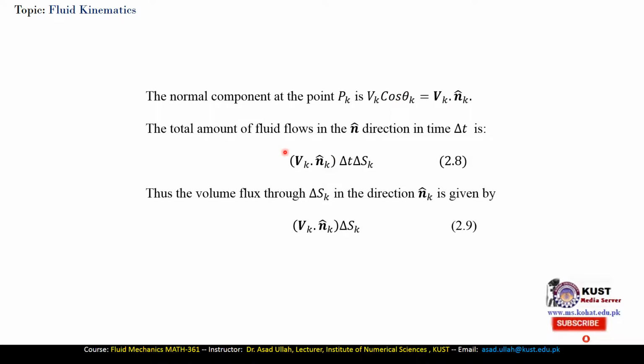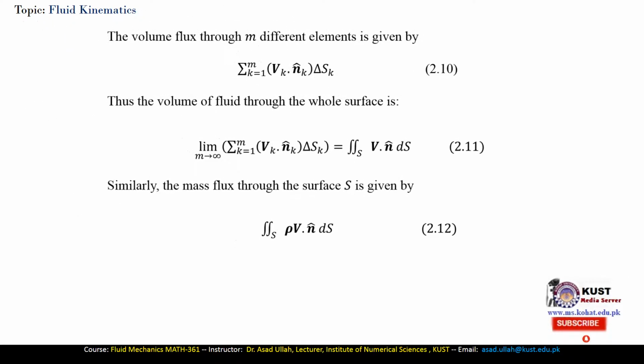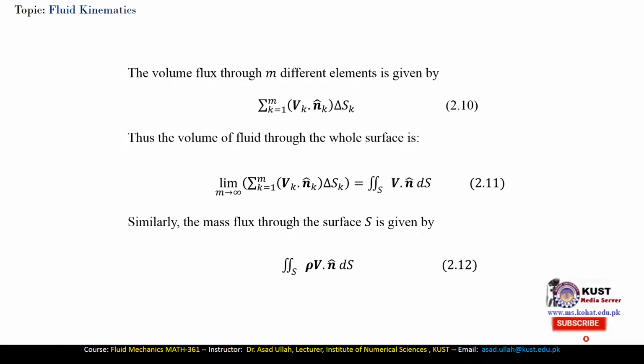Now, the amount of fluid that flows in the unit normal n direction in the time delta t is given by equation 2.8. Now, the volume flux through the surface del Sk in this unit normal nk direction is given by equation 2.9. Now the volume flux through m different elements is given by equation 2.10.